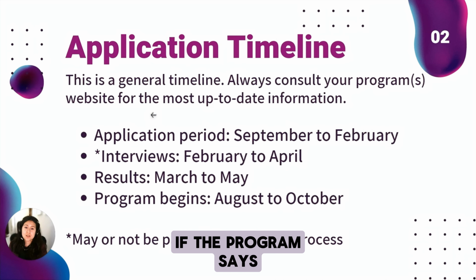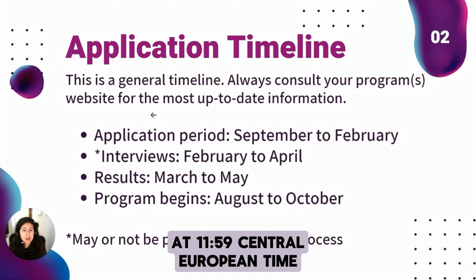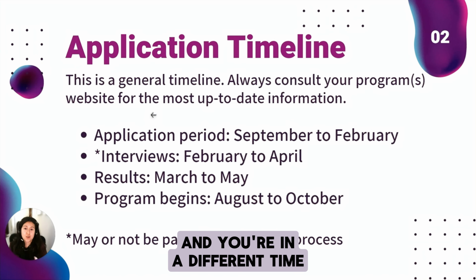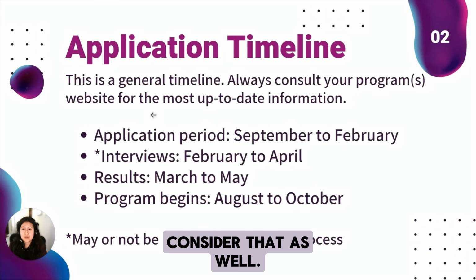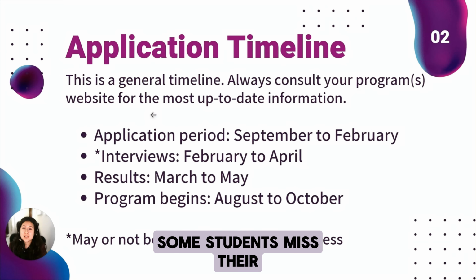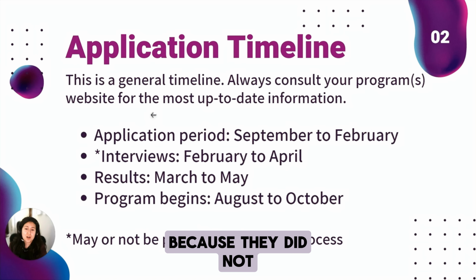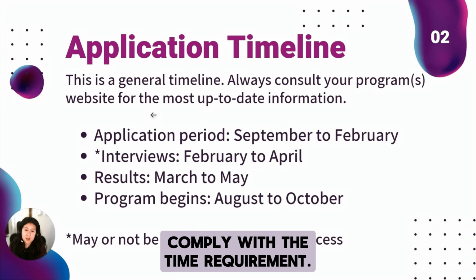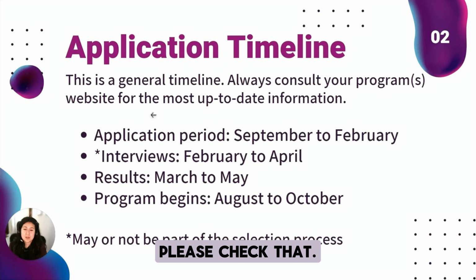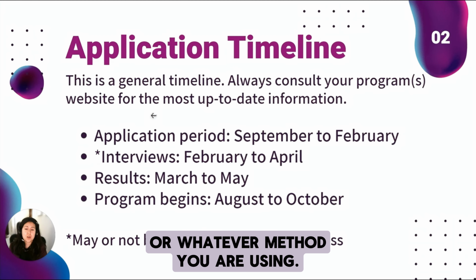If the program says the application is due by January 15th at 11:59 Central European Time and you're in a different time zone, consider that as well. Unfortunately, some students miss their application and are not considered because they did not comply with even the time requirement. Please check that. It's important to note even the timings on the application tracker or whatever method you are using.